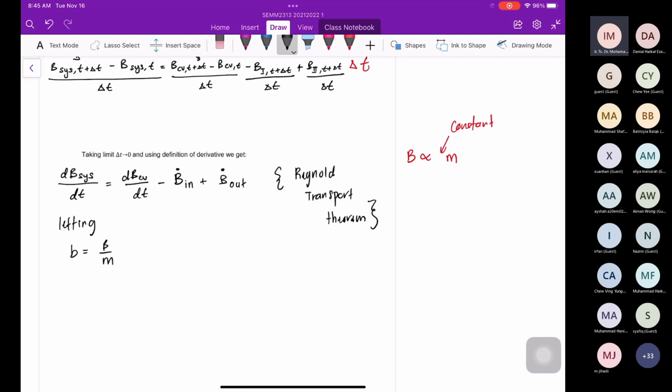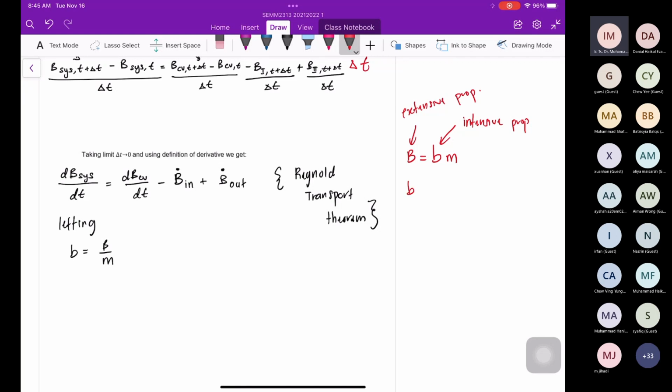So now I put my constant as a b. So now b becomes the intensive property, and this capital B is the extensive property. Now you can see the correlation.